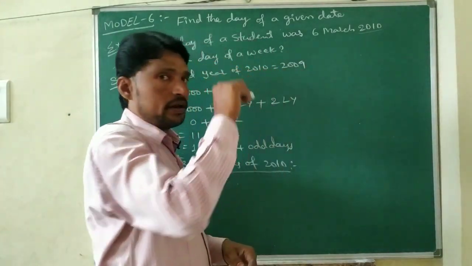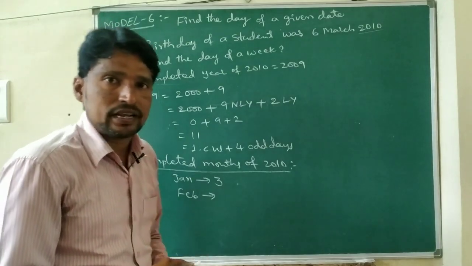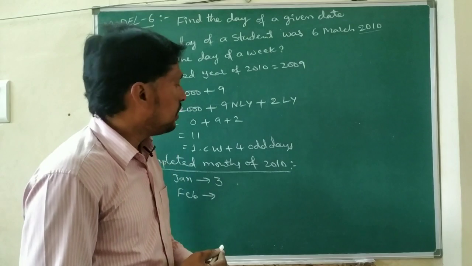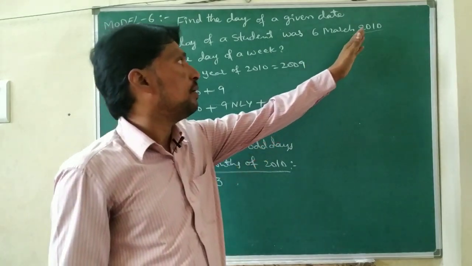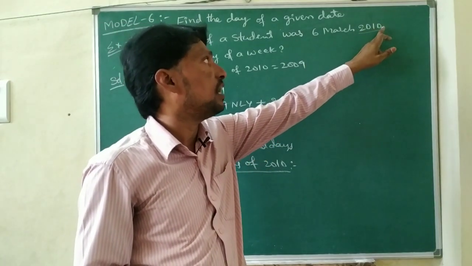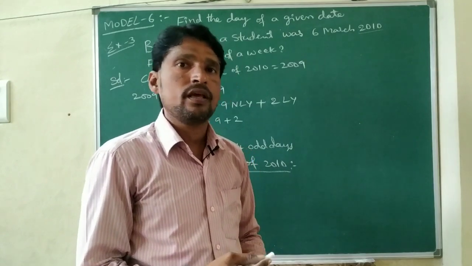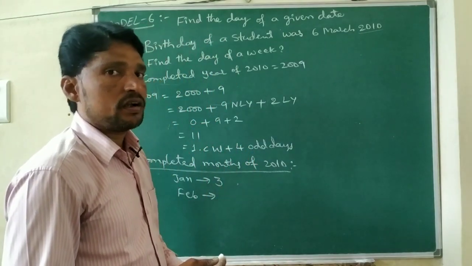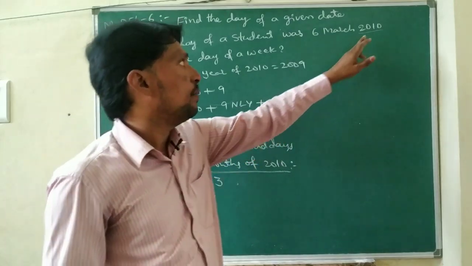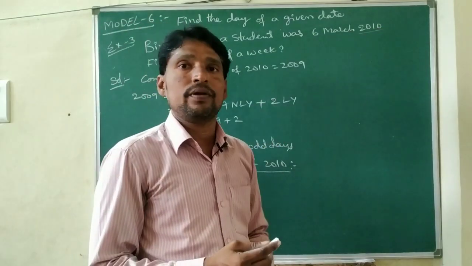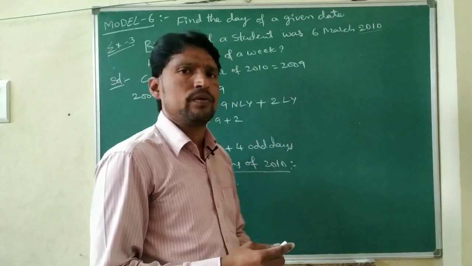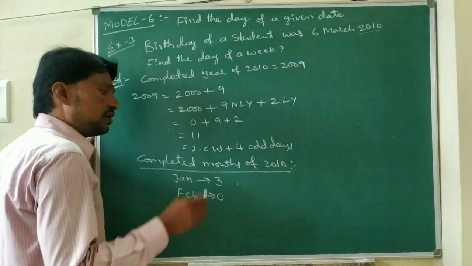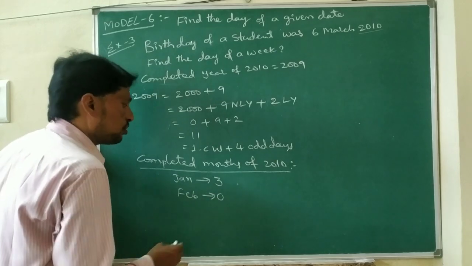So it is the leap year or non-leap year. 2010 means it is not the leap year. How do we have to check? If the last 2 digits are divisible by 4 it means leap year. If not divisible by 4 it is not a leap year. So 10 by 4 is not divisible, it is not the leap year. So leap year gives 1, non-leap year gives 0.